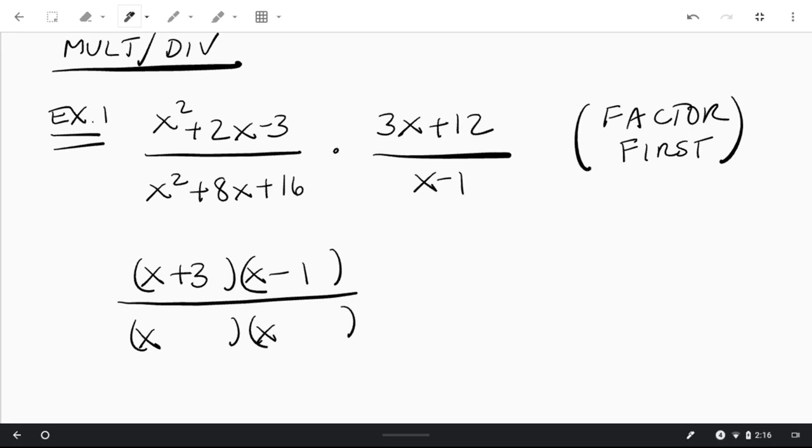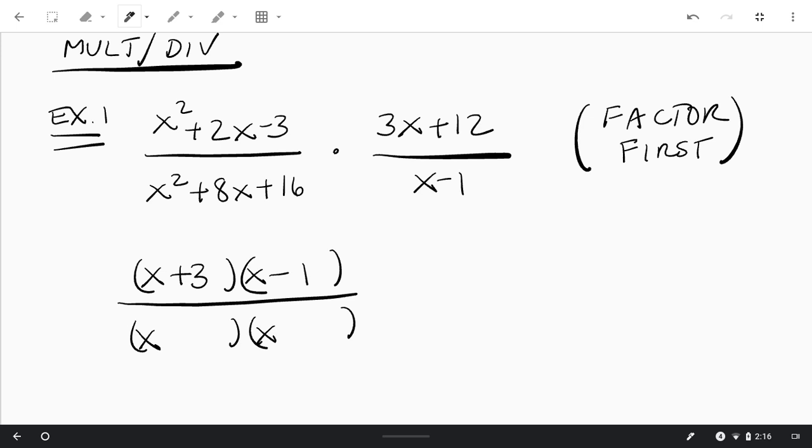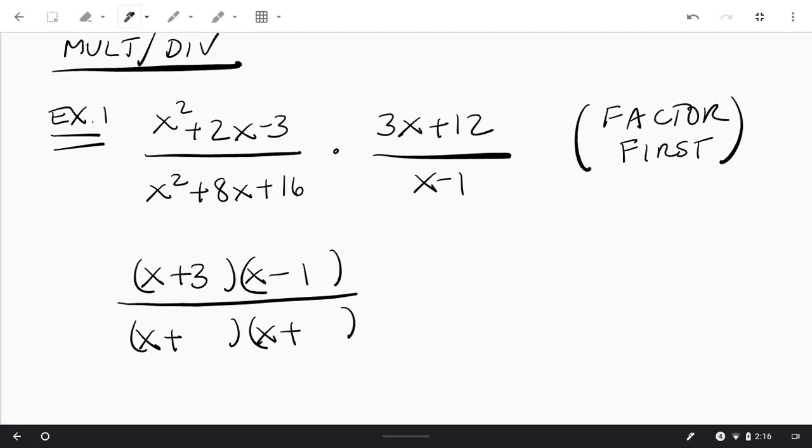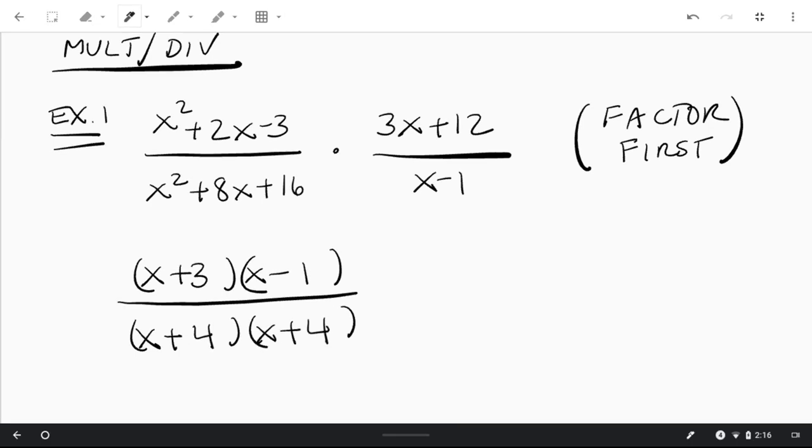So we're going to have both of these positive. All right. So 16. A few different ways to make 16. We can do 1 times 16. We can do 2 times 8. We can do 4 times 4. Which of those do you think will give us the 8 in the middle? Hopefully you said 4 times 4.